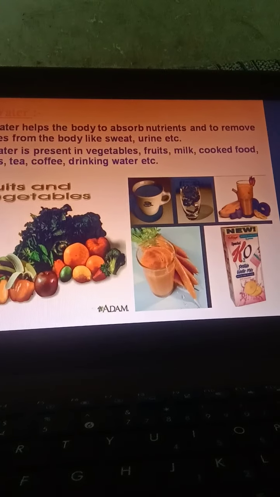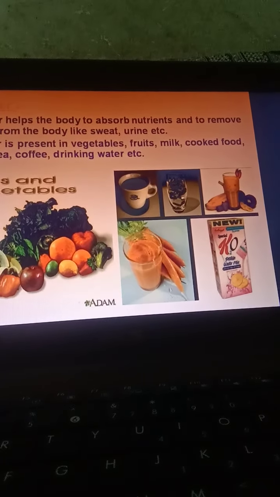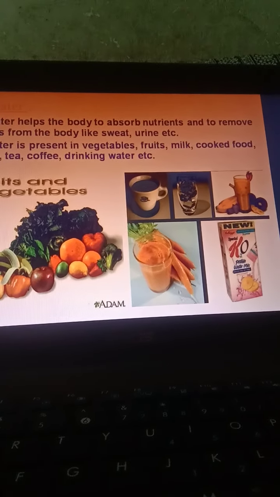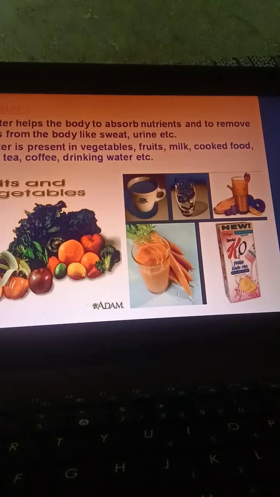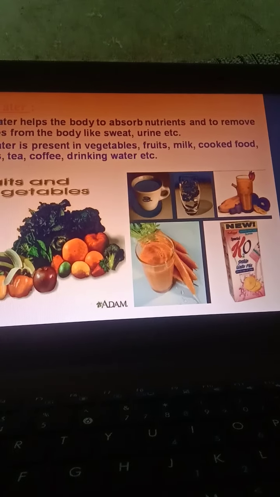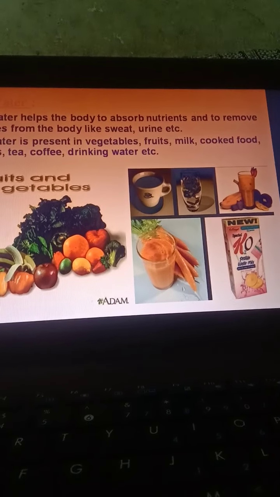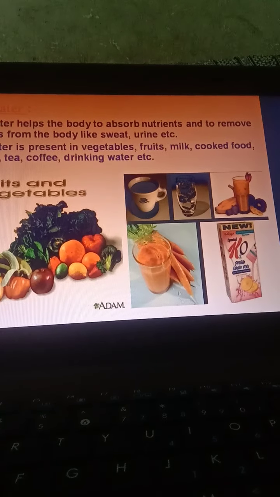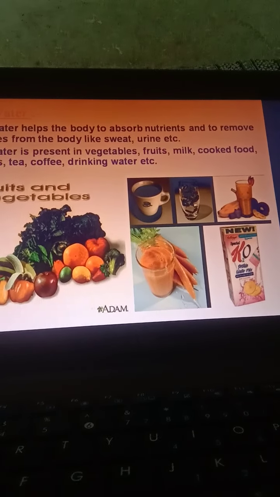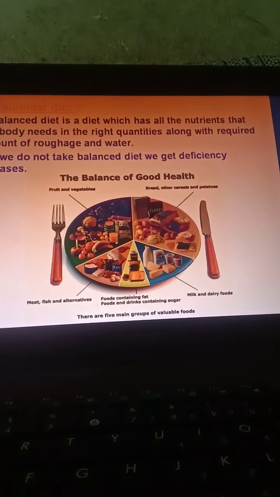Water. The most important nutrient of our food is water. It helps to absorb all the nutrients and it removes the waste from the body in the form of urine. Water is present in vegetables, fruits, milk, cooked food. You drink water. All these things provide us water.